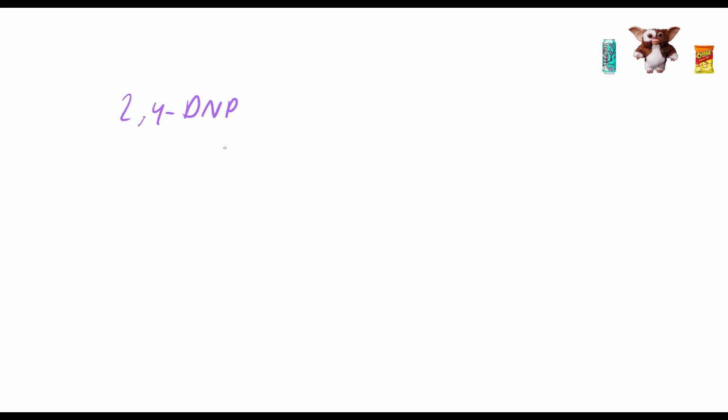No, I'm sorry, not alkenes, but it checks for aldehydes and ketones. My bad. So it checks for aldehydes and ketones, and it has an orange color.